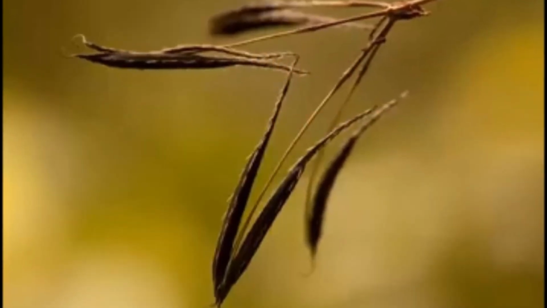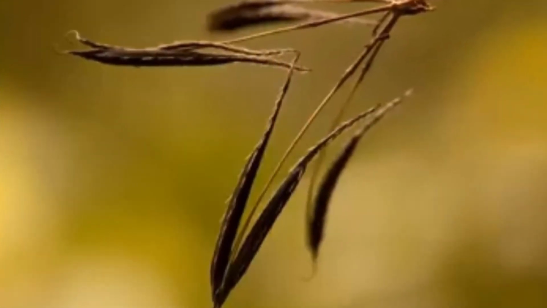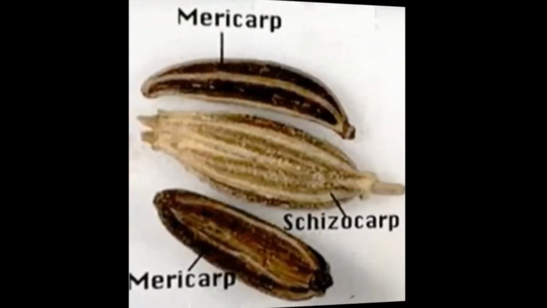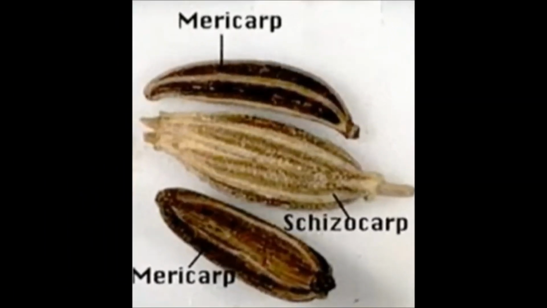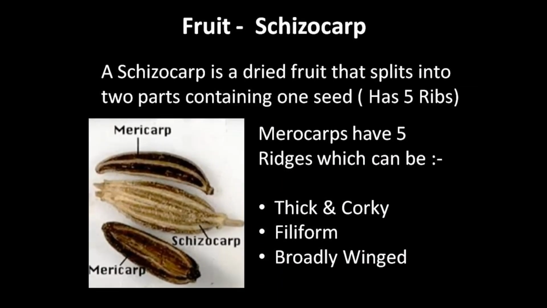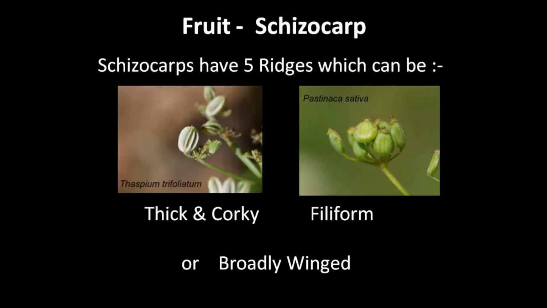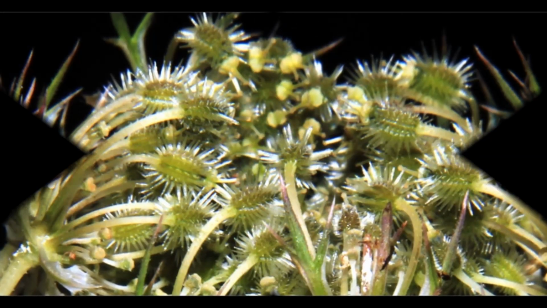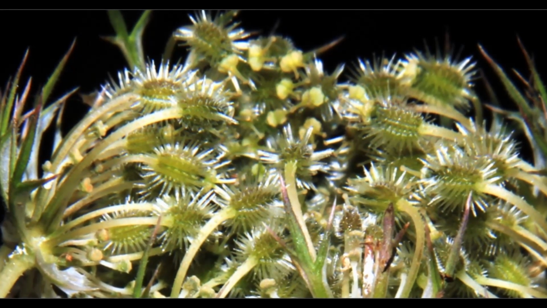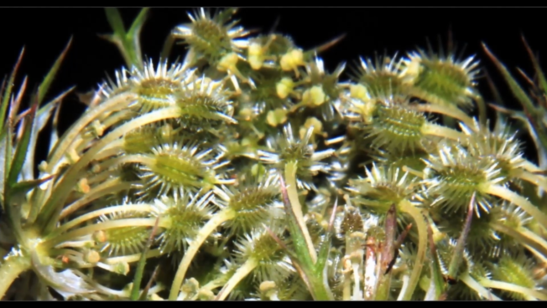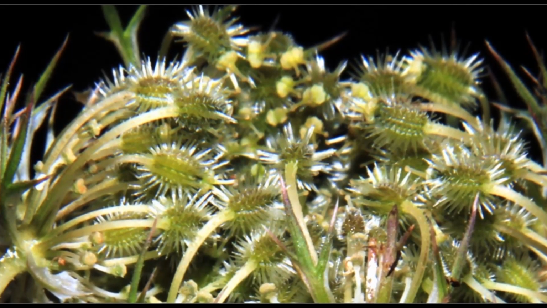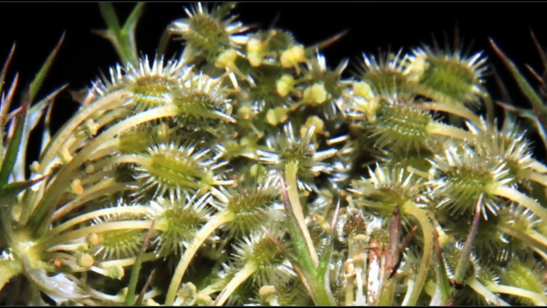Each merocarp will have 5 ridges, and these ridges can be useful diagnostic features in keying difficult plants. Where it is necessary to make observations on the seed, these ridges on the merocarp can be thick and corky, filiform or broadly winged. You may recall from the wild carrot video we looked at the fruit and spiny merocarp and how it was adapted to be dispersed on the fur of animals.